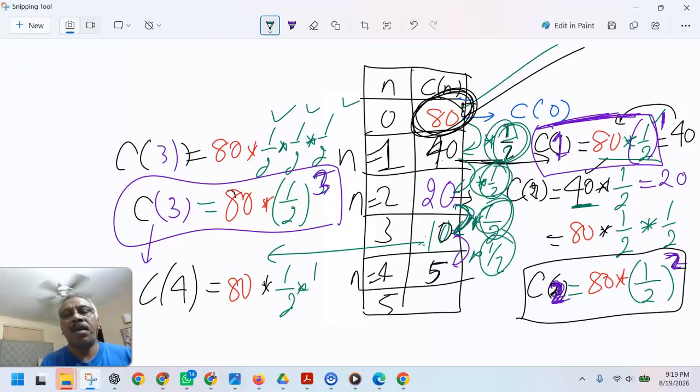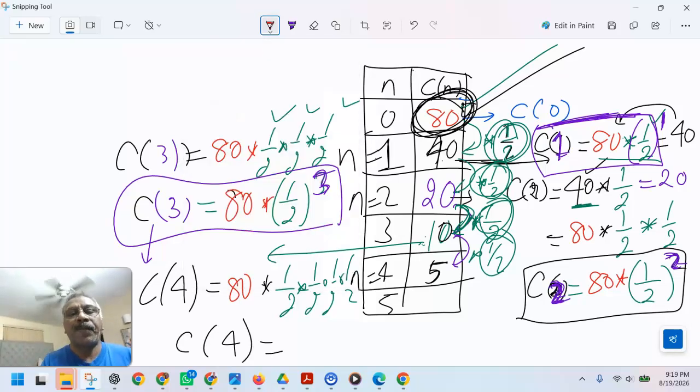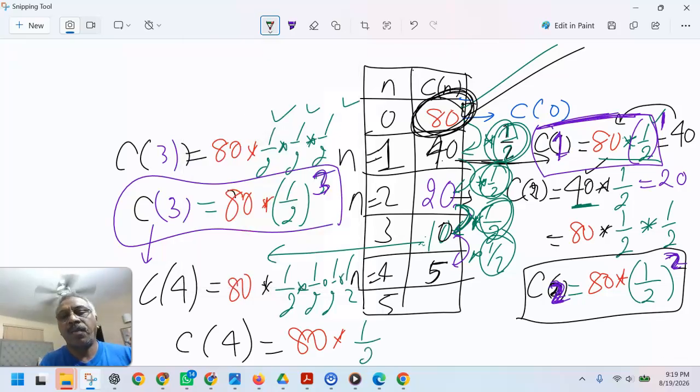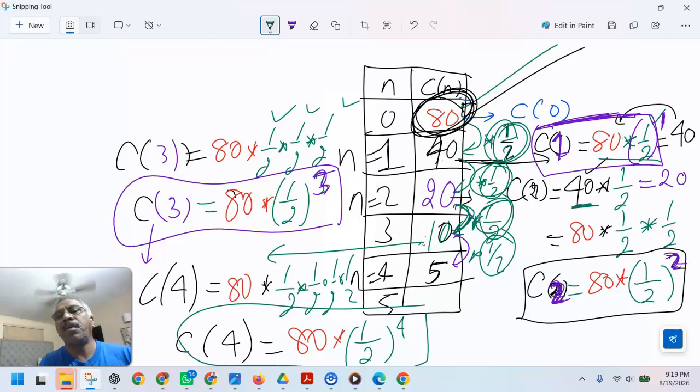So you're going to multiply half, half, half, half, 4 times, and C of 4 is that red 80 multiplied by half raised to 4.